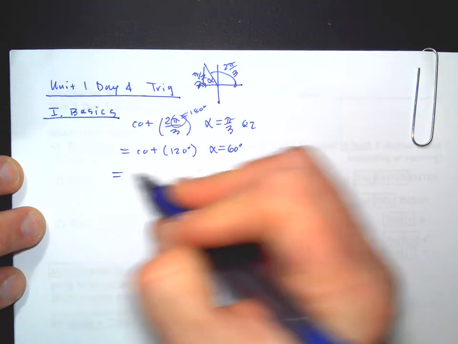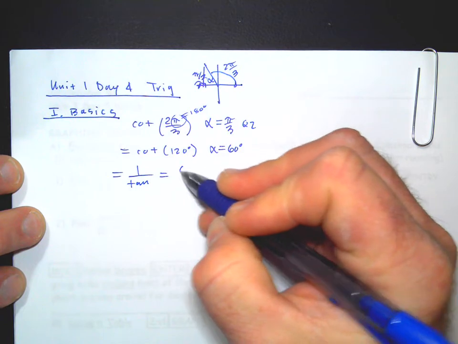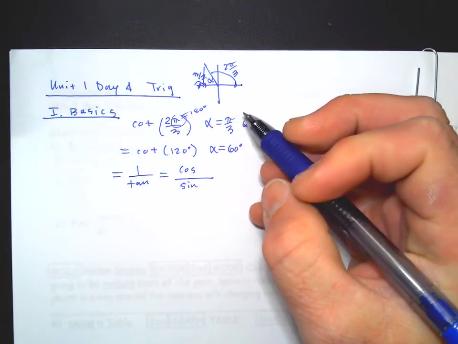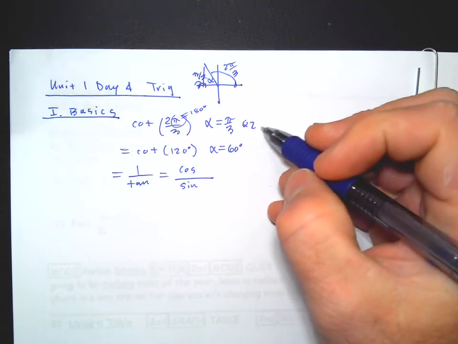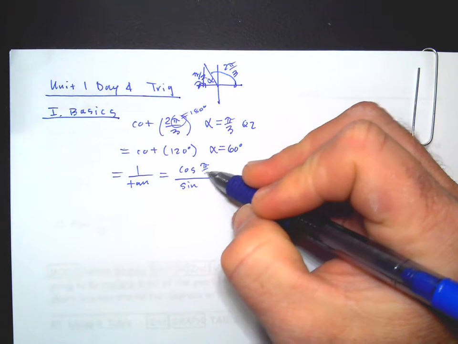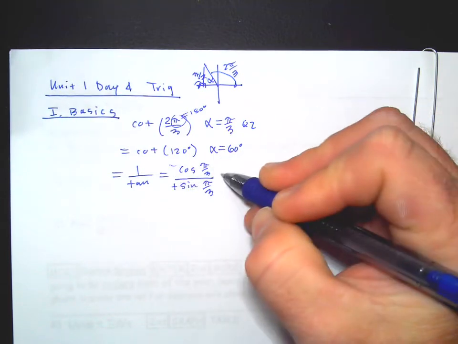So cotangent is 1 over tangent, and tangent is sine over cosine. So this is going to be cosine over sine. And in quadrant 2, we're just going to put alpha in here. In quadrant 2, cosine is negative, sine is positive.